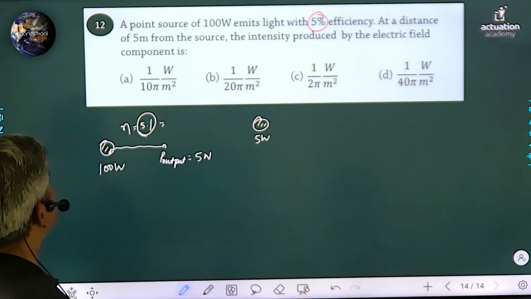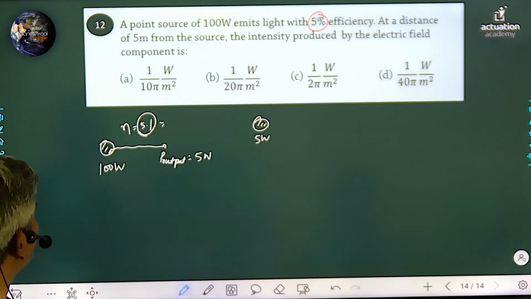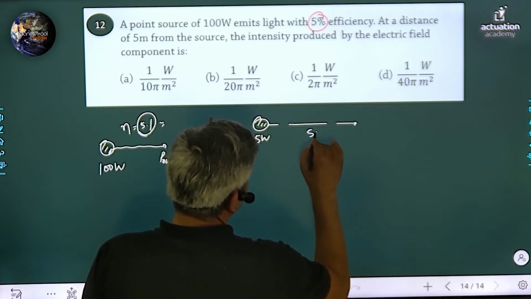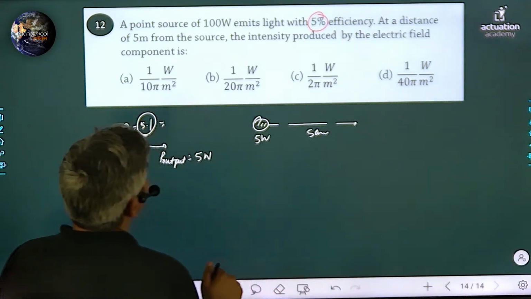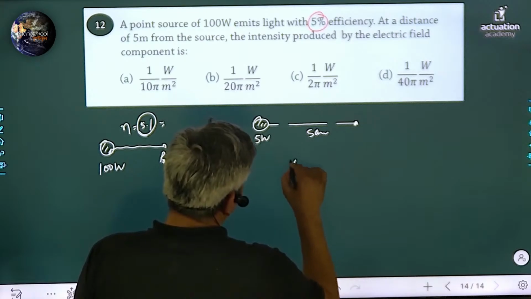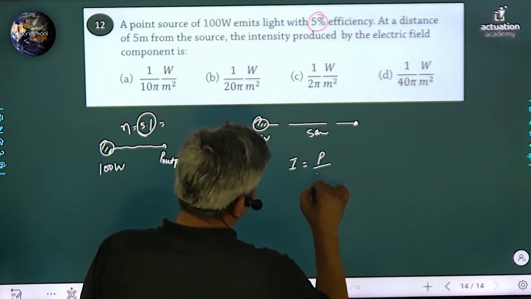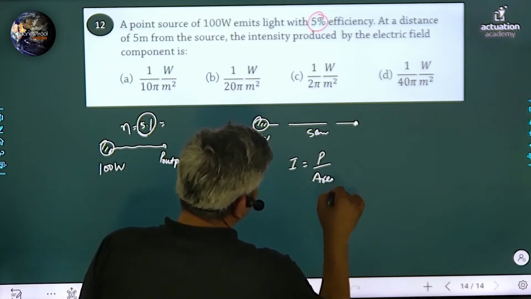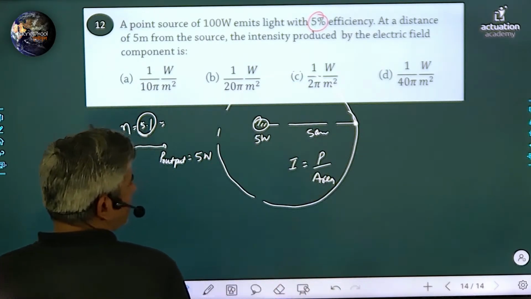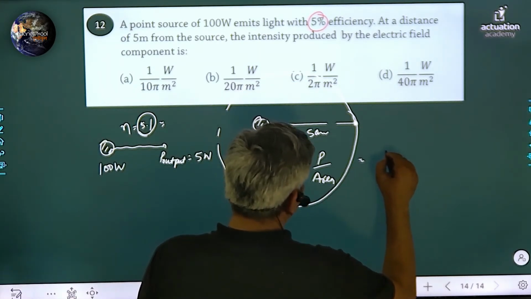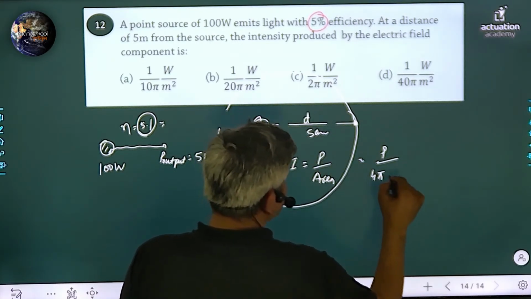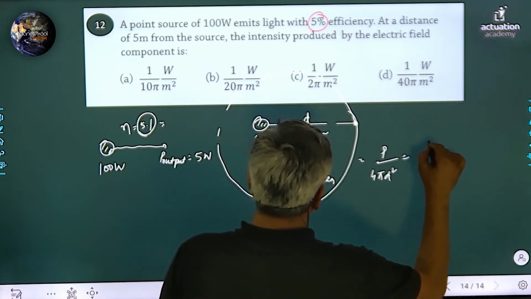At a distance of 5 centimeter from the source, the intensity produced is I. We know I is equal to power upon area of the sphere. So this can be written as power upon 4 pi d square, where d is the distance.